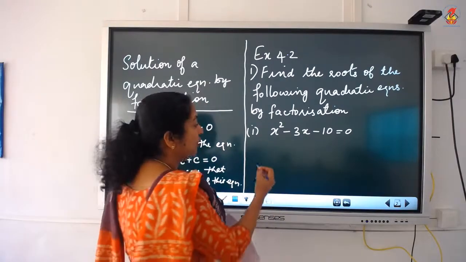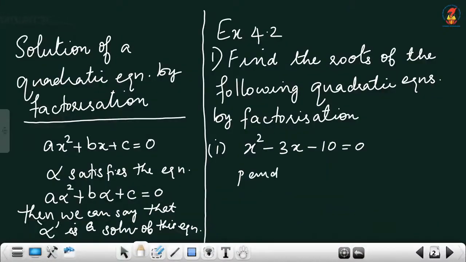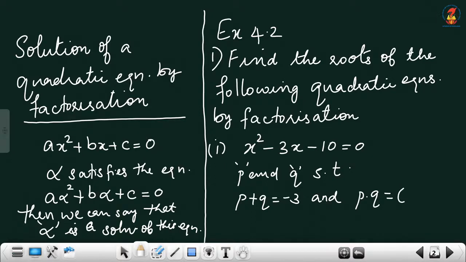So you have to identify two numbers p and q such that p plus q is equal to minus 3 and p into q is equal to minus 10.